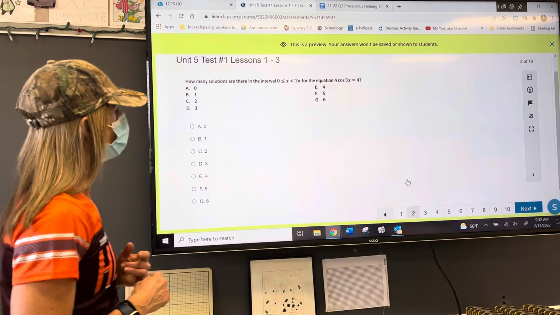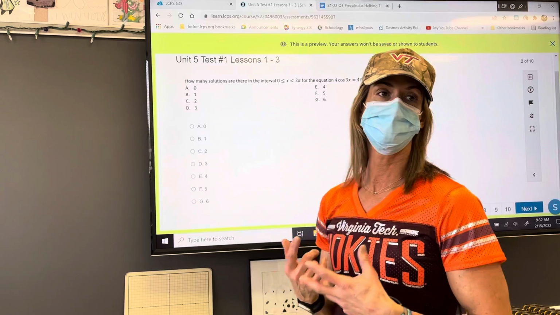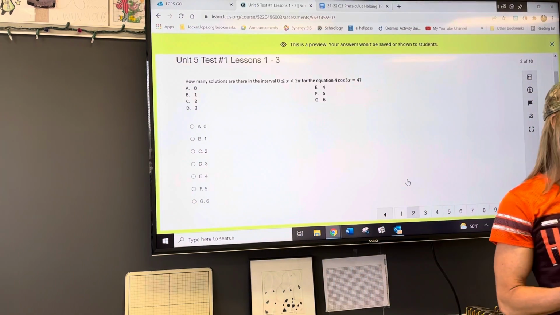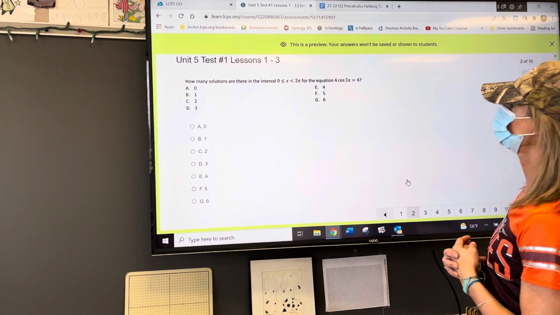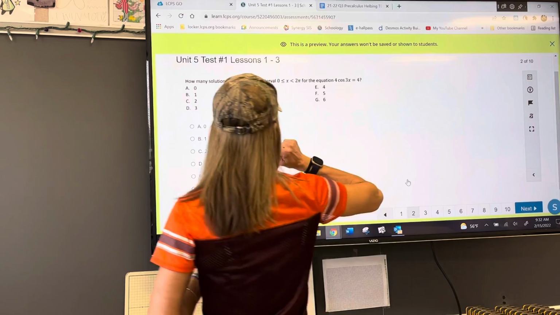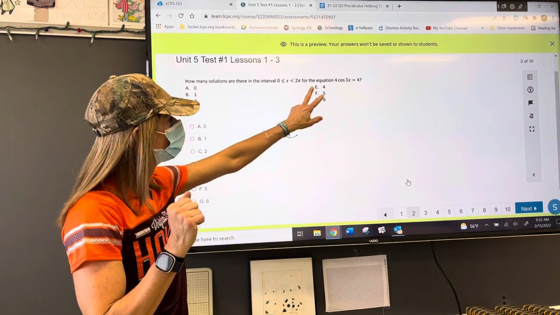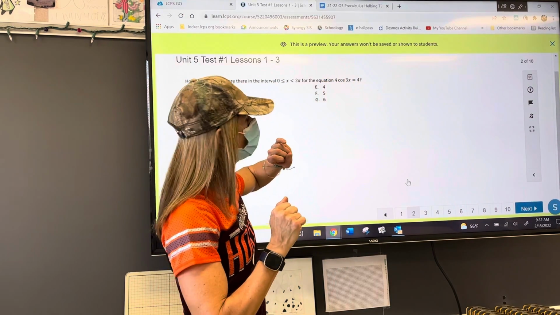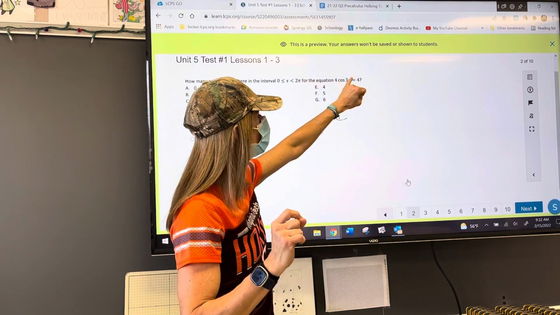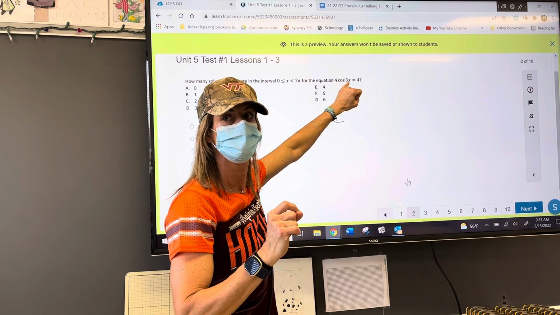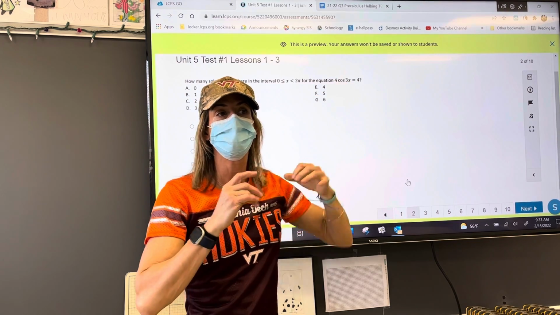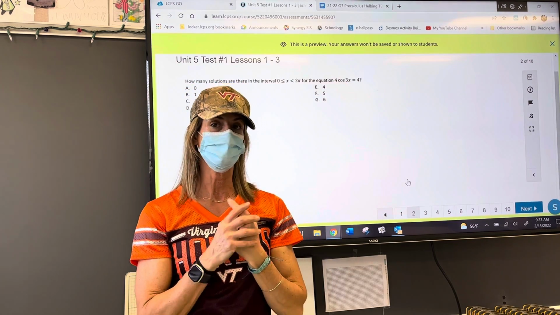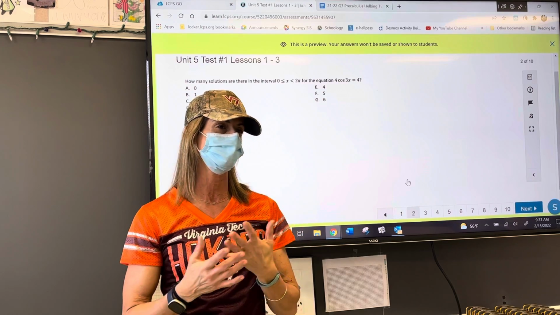Number 2 says how many solutions. It's not asking what the solutions are, it's asking how many solutions there are, on this particular interval. It's a one-step equation, but notice it's got a weird angle, this 3x. What might you use when you have an odd angle besides x or theta?